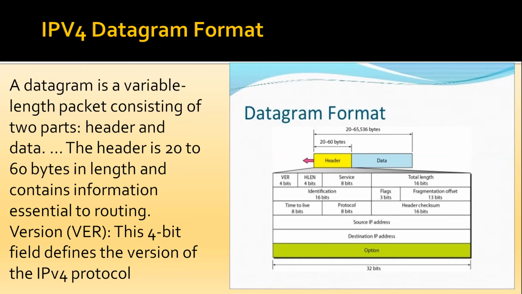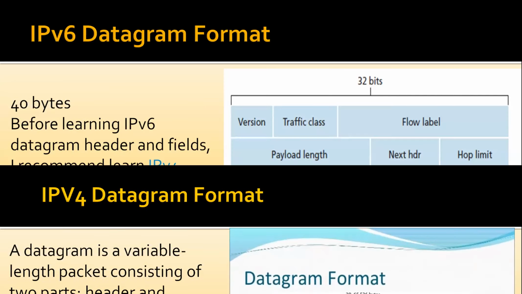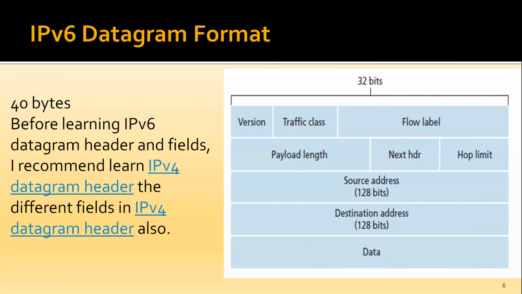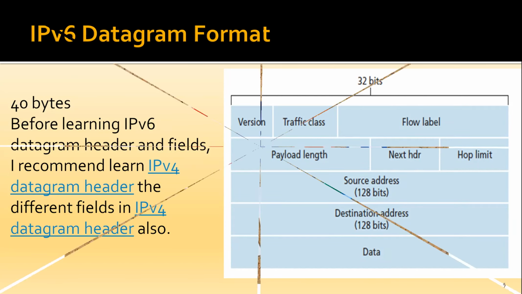The 4-bit version field defines the datagram format, and the IP version 6 datagram header is 40 bytes. Before learning IP version 6 datagram header and fields, I recommend learning the IP version 4 datagram header. Now, the different fields in the IP version 4 datagram header. Here is the IP version 6 format.